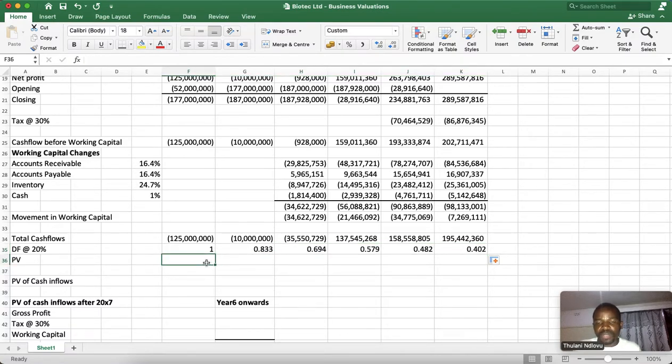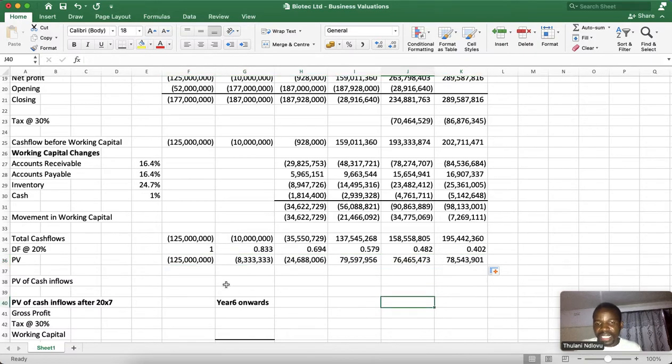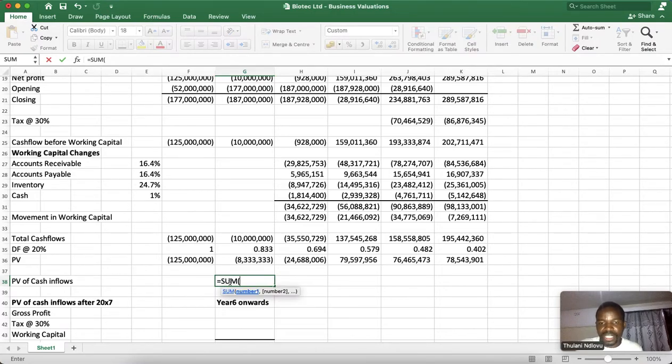Then we can calculate the PVs. The PVs will be saying 125 multiplied by 1. We get that figure. We can copy the formula there. Then here, we will also only consider the sum of the cash inflows. So we'll start from year 1 up to year 5.